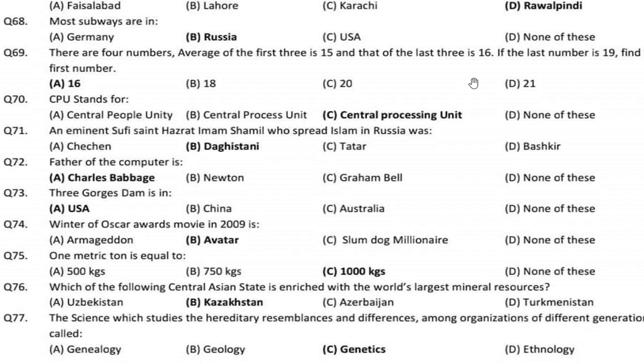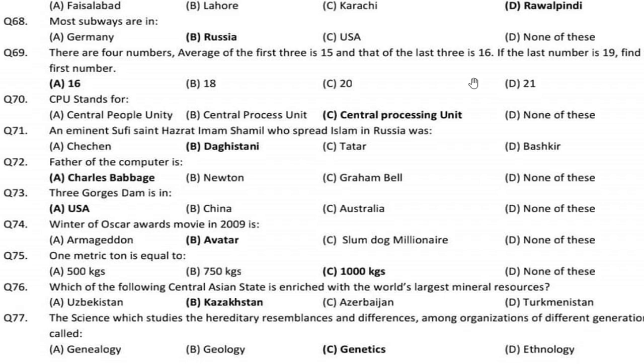Father of computer is Charles Babbage. Three Gorges Dam is in option A, USA. Winner of Oscar Award movie in 2009 is option B, Water. 1 metric ton is equal to option C, 1000 kg.